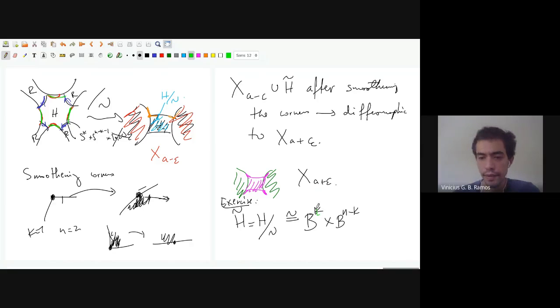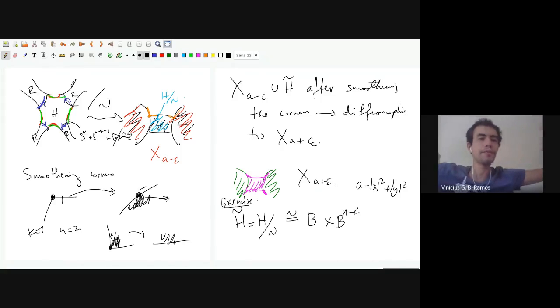Okay, so all of this you can do if you carefully look at the function a minus norm of x squared plus norm of y squared. All of this is local. The only part that's not local is looking at r. But that's what I said, because of the flow of the gradient, you can see it's a product, and you kind of squish the product to nothing. You just kind of retract it to a minus epsilon, and then you get this.